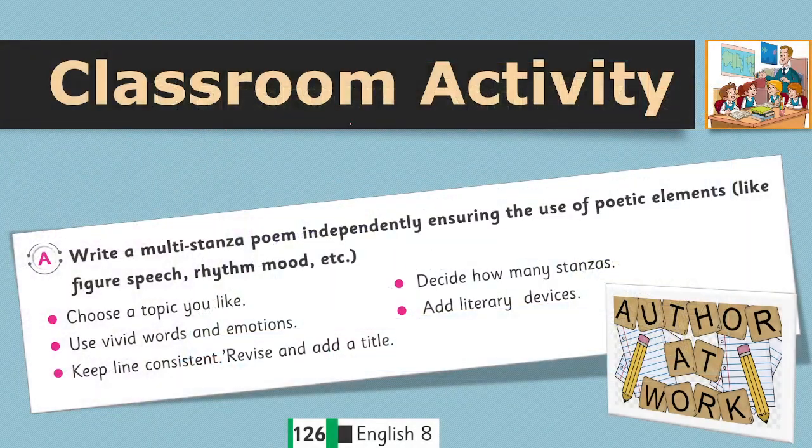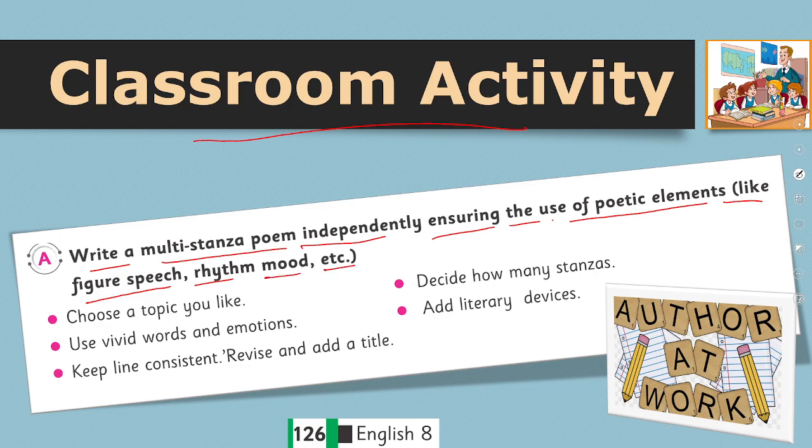This is your classroom activity. Write a multi-stanza poem independently, ensuring the use of poetic elements like figures of speech, rhythm, mood, etc. So, how do you write a poem? Let's see. First of all, choose a topic you like. Then, decide how many stanzas you are about to write.